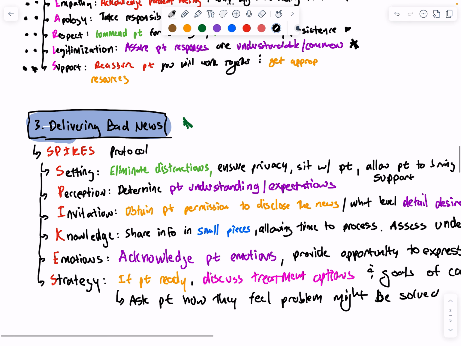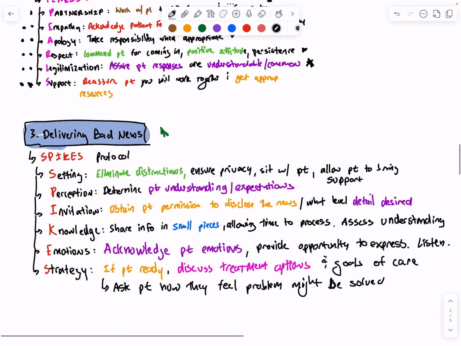All right, next is delivering bad news. This is a pretty big one. So we follow the SPIKES protocol, which stands for setting, perception, invitation, knowledge, emotions, and strategy. All right, so first step in delivering bad news is to eliminate distractions, ensure privacy, ask the patient who they might want in the room with them, sit with the patient, allow the patient to bring support.